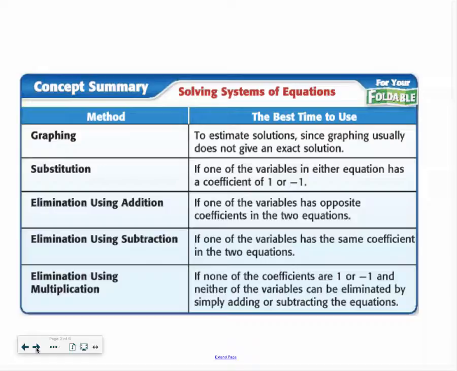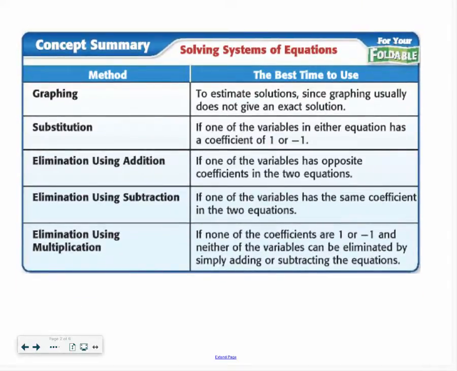So this chart right here is something that you will likely want to take a screenshot of because it helps you determine what method we've learned so far is the best choice for each situation. So the graphing method is used when you just need to estimate a solution.